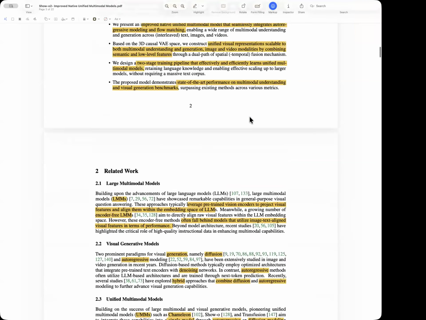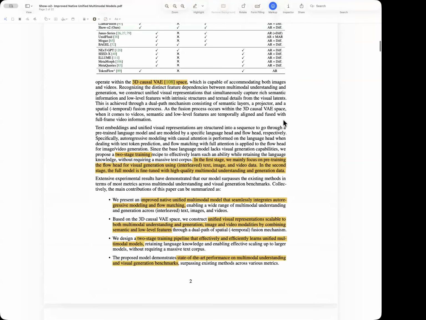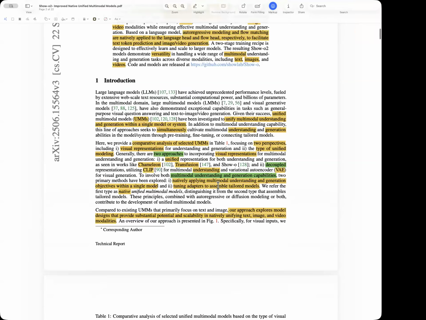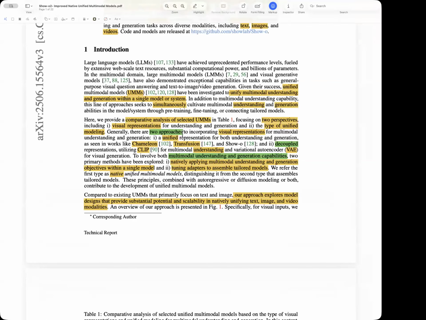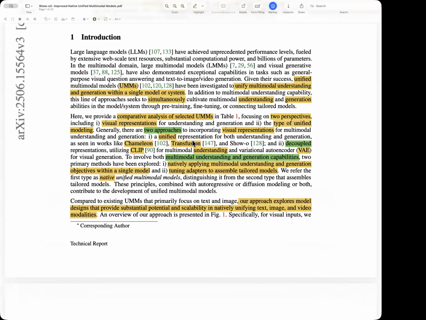So, two distinctions here. Just to recap a little bit, even before what they do, they mentioned there are two approaches that people take. There are unified native models that are trained natively to have text, image, and multimodal understanding.